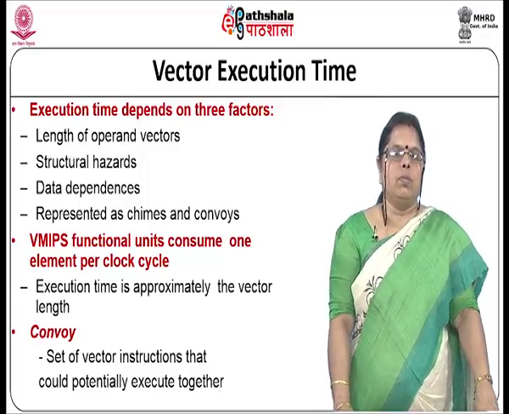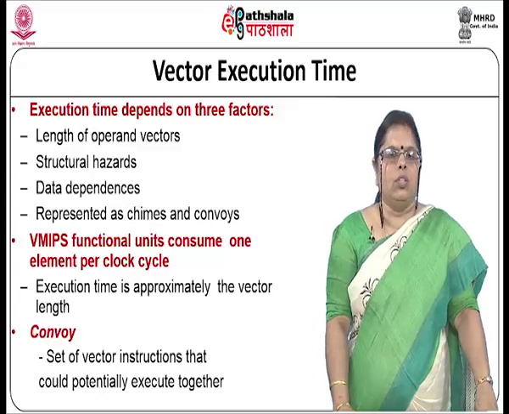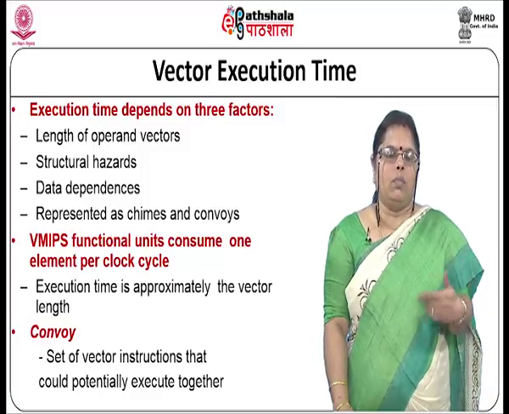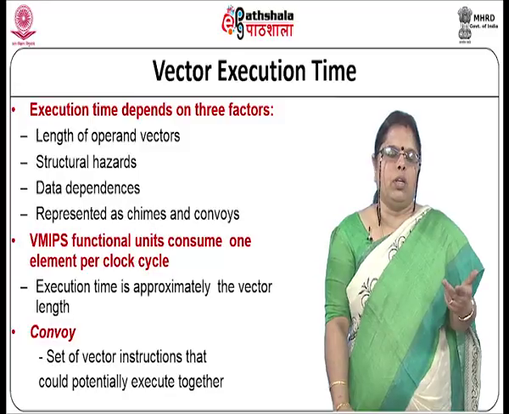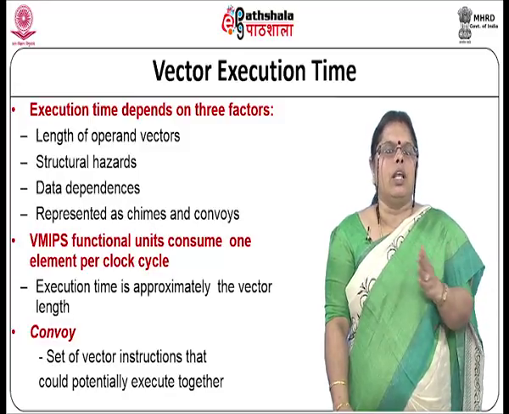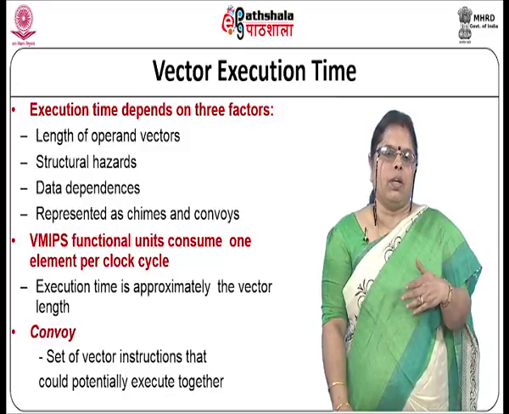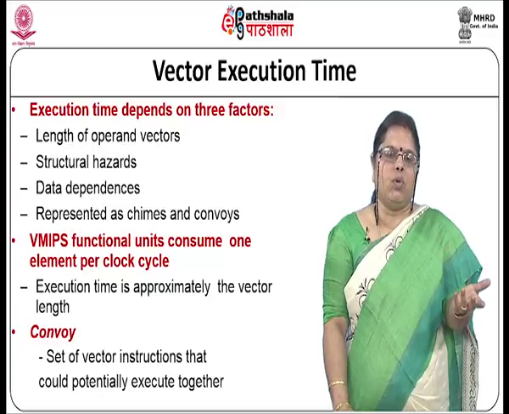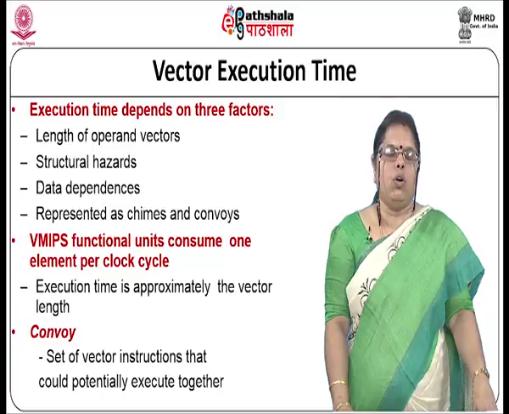We assume the functional units consume one element per clock cycle, so the execution time is approximately the vector length, because every clock cycle one element finishes its operation. If you ignore the initial latency required to fill up the pipeline, it depends on the vector length. So, if you have 64 elements, it is going to take 64 clock cycles.